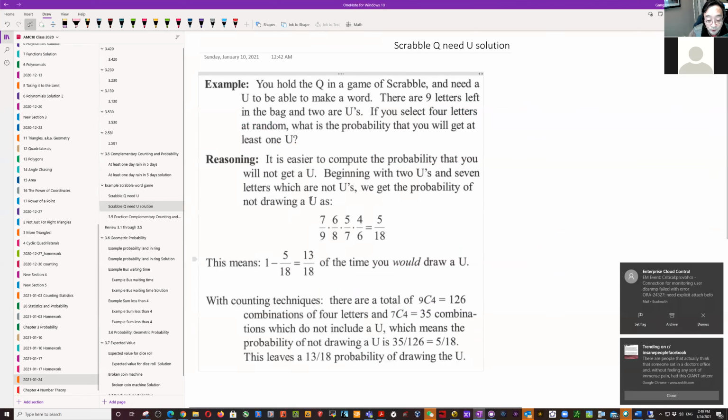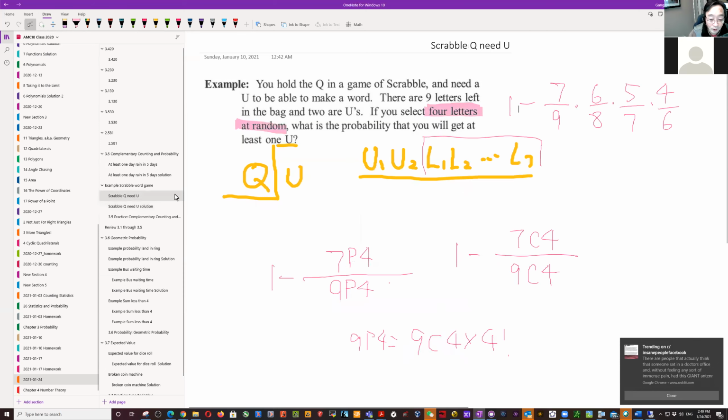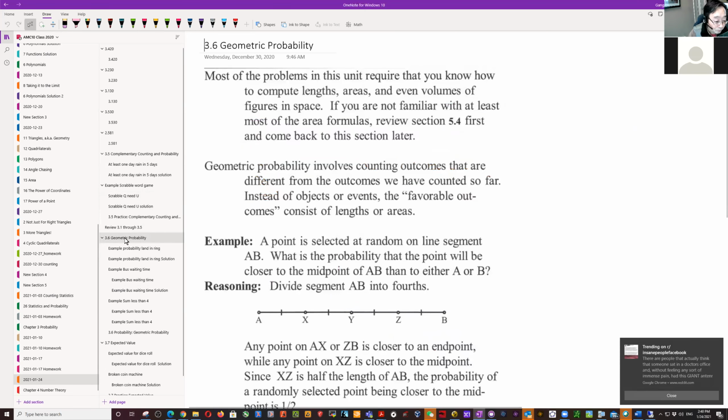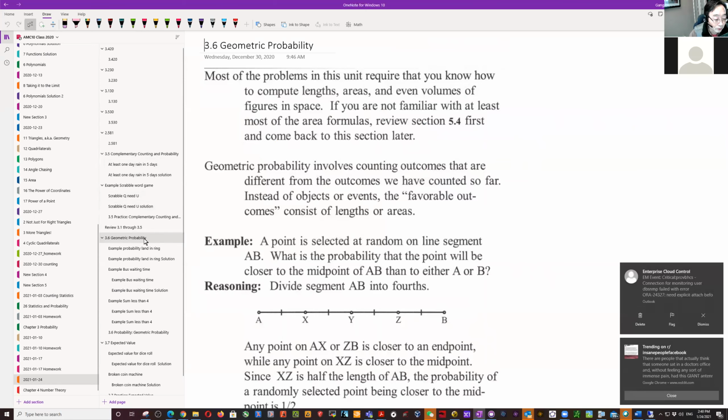So this is using the probability, and you can also do the problem with exact counting, giving the exact result. Up until this point, everything is discrete.